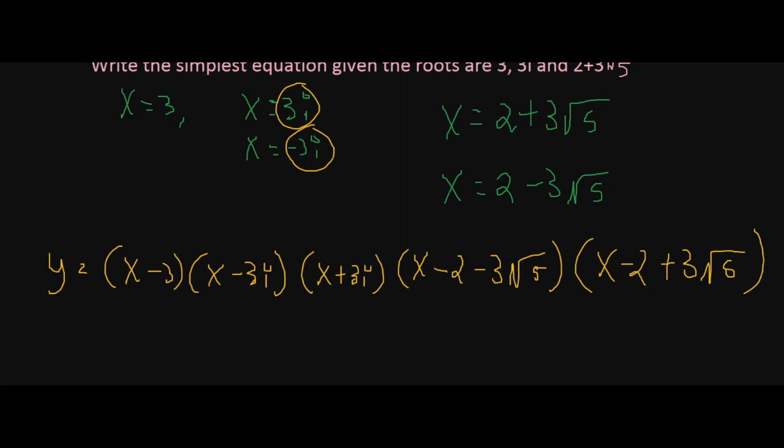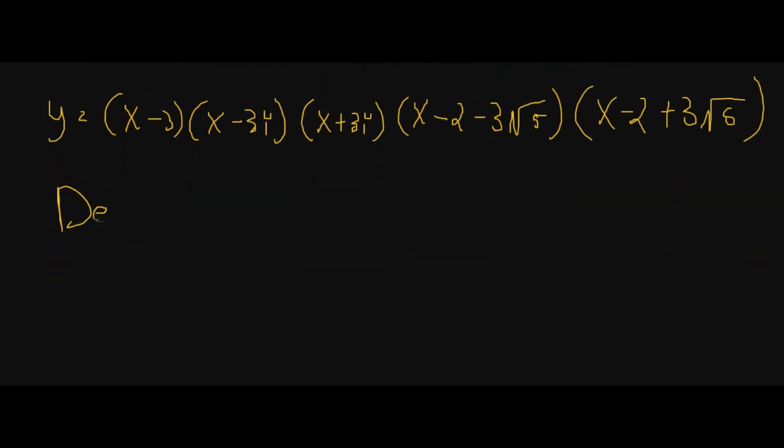Therefore, if a question asked you what is the degree, well, we have 1, 2, 3, 4, 5 different factors, which means the degree would be 5. That means the highest exponent in our equation would be 5.